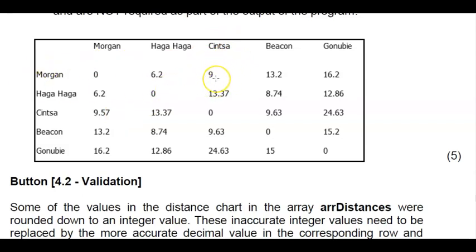This integer value, which is always lower than the correct value, is the incorrect one and needs to be replaced. So you need to check where the rows and columns correspond, that you have the correct values stored there. Sinsa to Haga Haga is 13.37, and if I look at Haga Haga to Sinsa, that value must be the same. Should they be different, I must replace the integer with the real value.